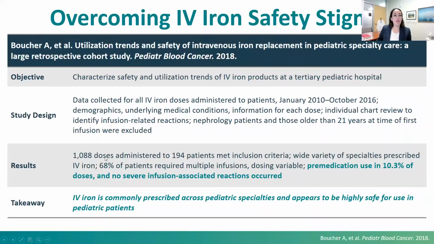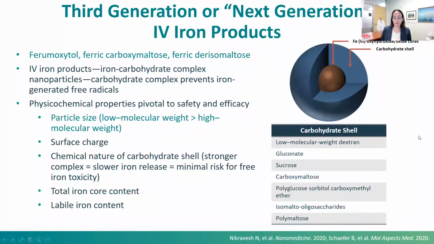And there they had given over 1,000 doses administered to 194 patients. Many of the patients had required multiple doses. They only used pre-medications in about 10%, and there were no severe infusion-associated reactions occurring, at least in their pediatric retrospective review. So this is looking only at the older products. I think iron sucrose and iron dextran were the primary drugs used in this study, but showing that even in those older generation products, quite safe and effective.